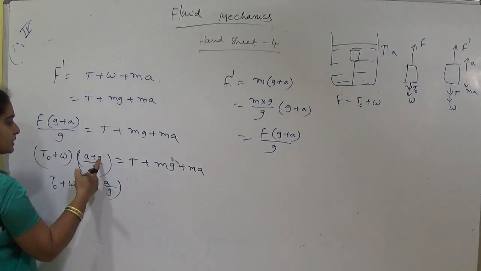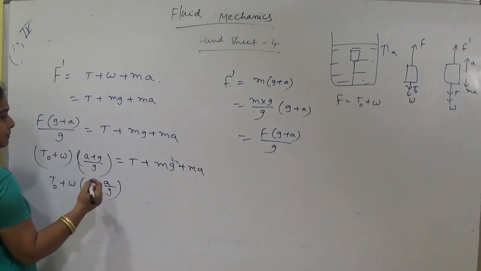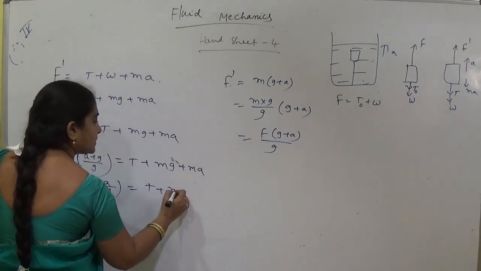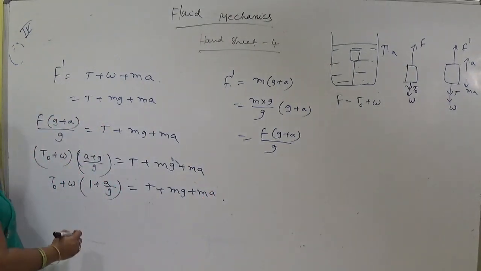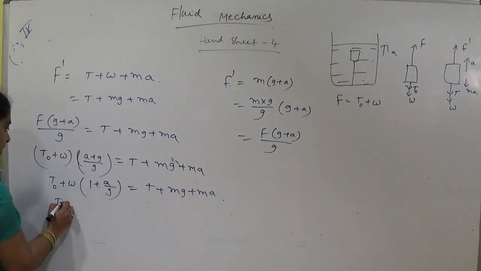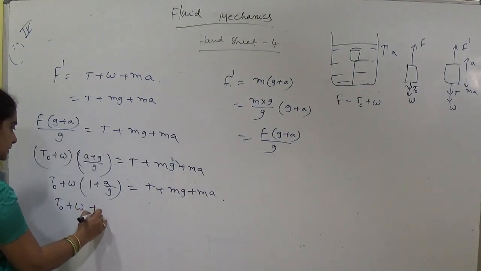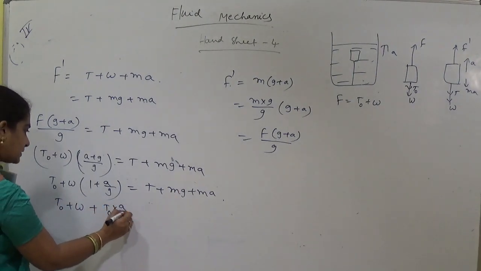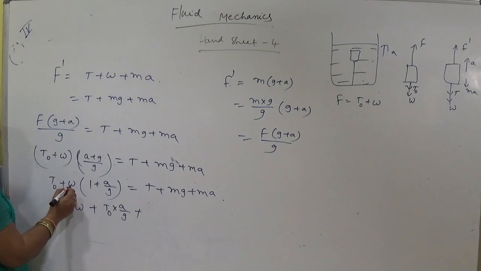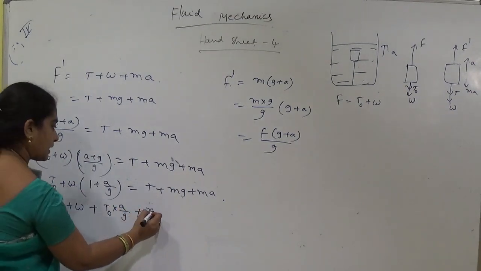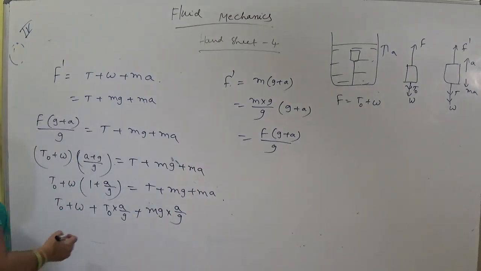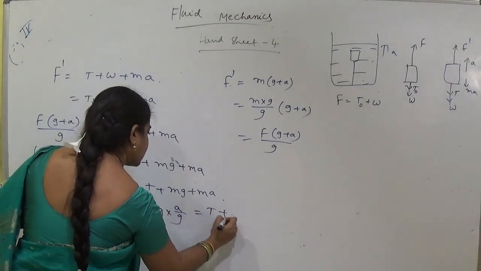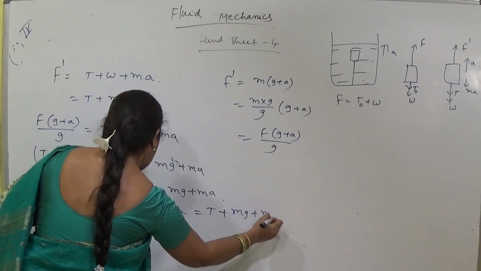Dividing by g, g by g is 1, plus a by g. Multiply: T naught plus W plus T naught into a by g plus W, that is mg, into a by g is equal to T plus mg plus ma.